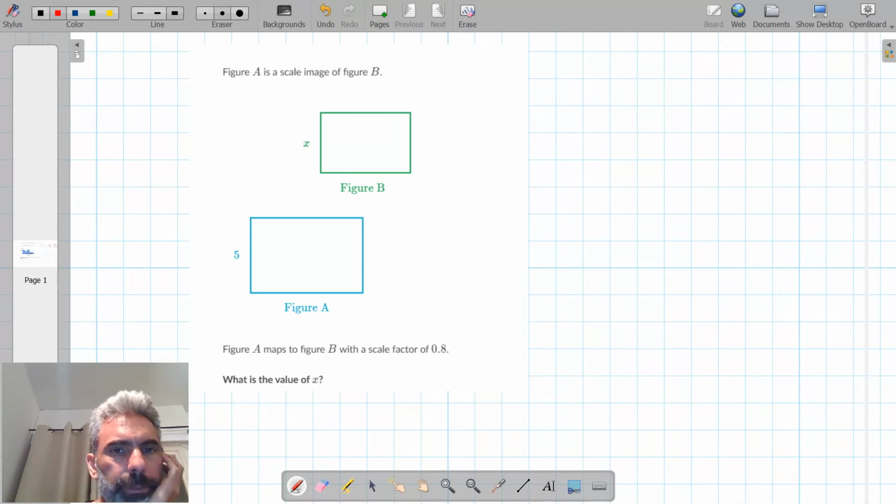What is the value of x? Okay, so x equals 0.8 of 5.